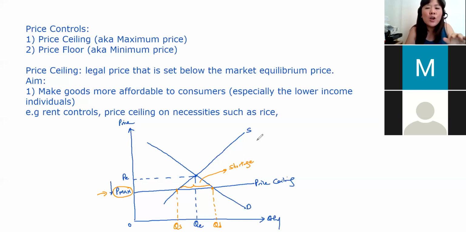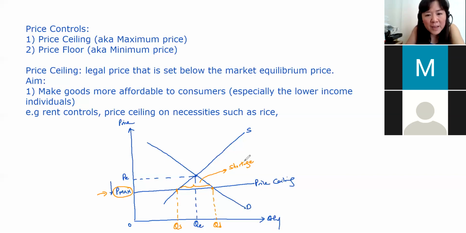There's no shortage, no surplus, the market clears, so the market is seen as efficient. But a price control like a price ceiling causes a shortage. There is market disequilibrium, where the market doesn't clear on its own. This is where we say it interferes with what we call price rationing.